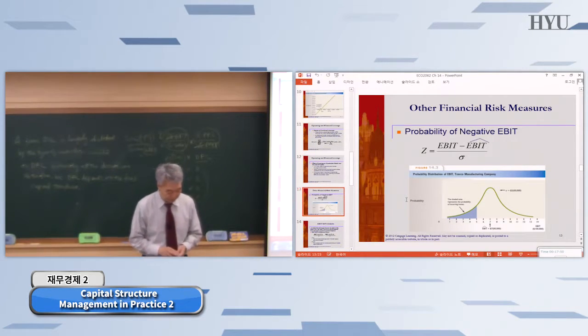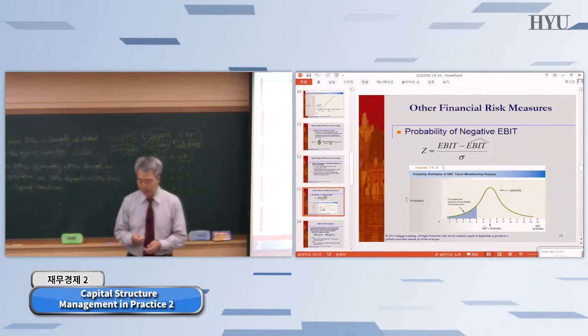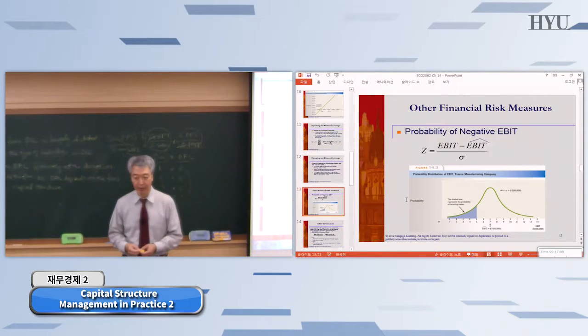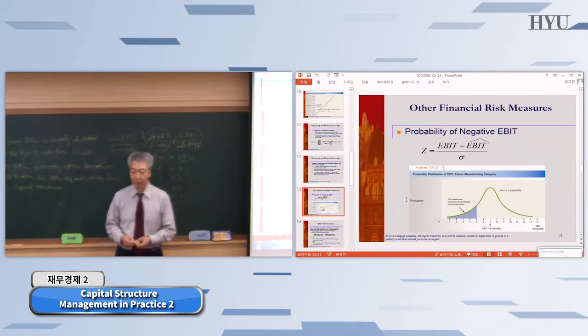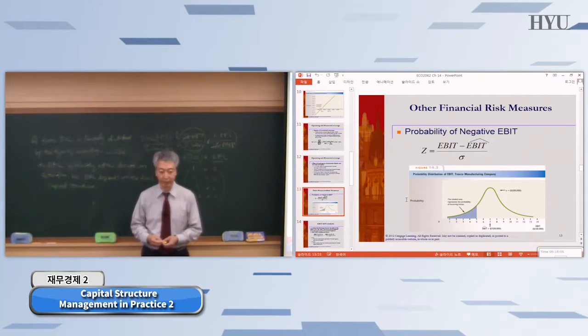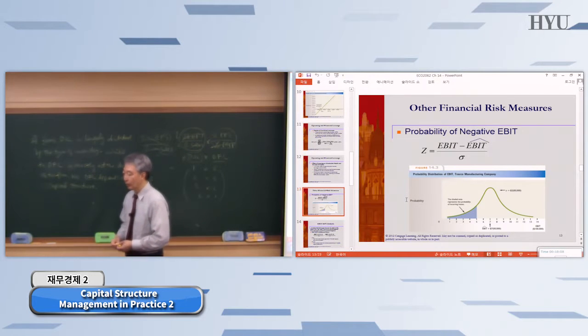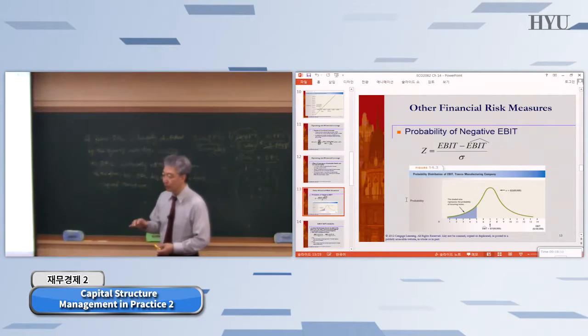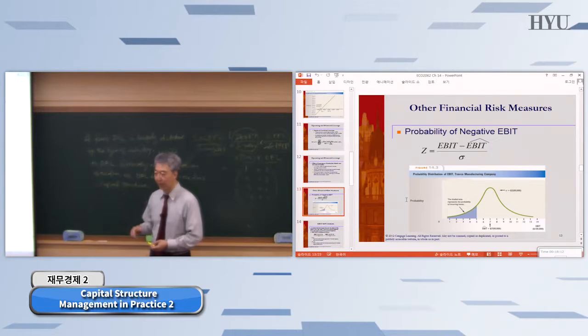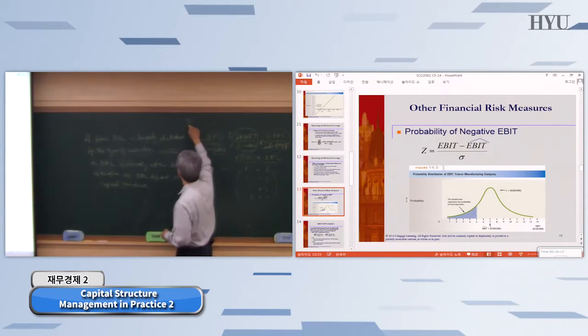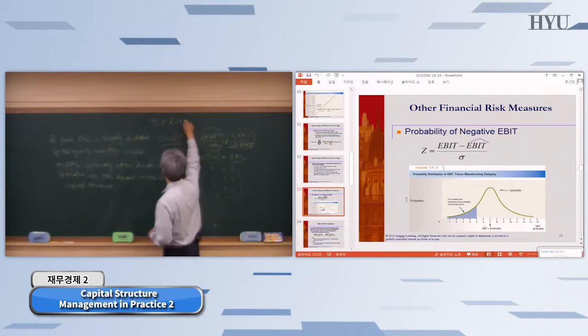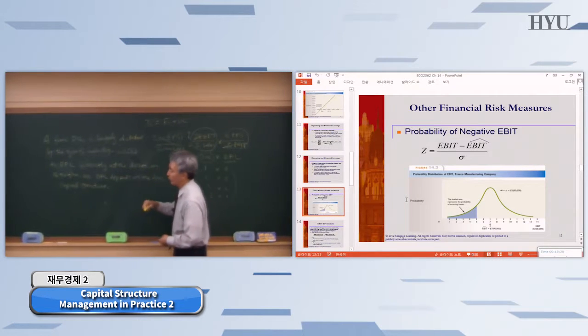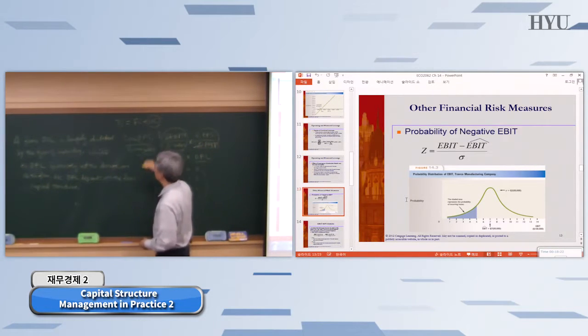Why do we do this? We are concerned with the minimum necessary income you have to generate in order to make a positive return, positive EPS. Think about the fixed cost and variable cost. Total cost is fixed cost plus variable cost, and variable cost depends on what?